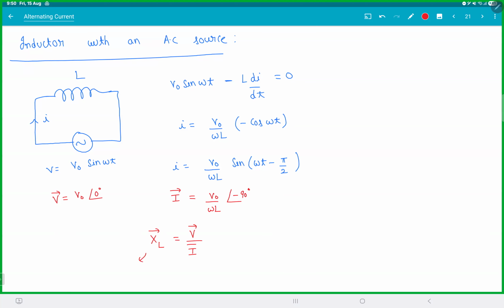Since we're already using R for resistance, we use a new symbol called reactance. L means inductance. So it's a reactance for inductor. Now, can you see, doesn't this look like Ohm's law? R is equal to V by I. So when you divide this, you'll get V naught angle 0 degrees by V naught by omega L angle minus 90 degrees. So we get omega L angle 90 degrees.